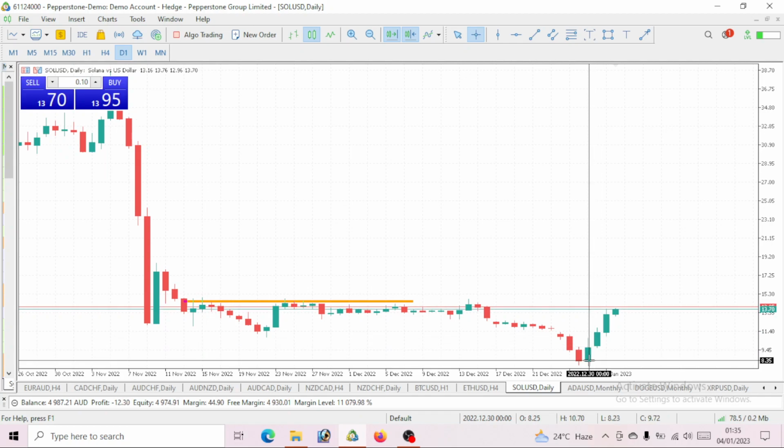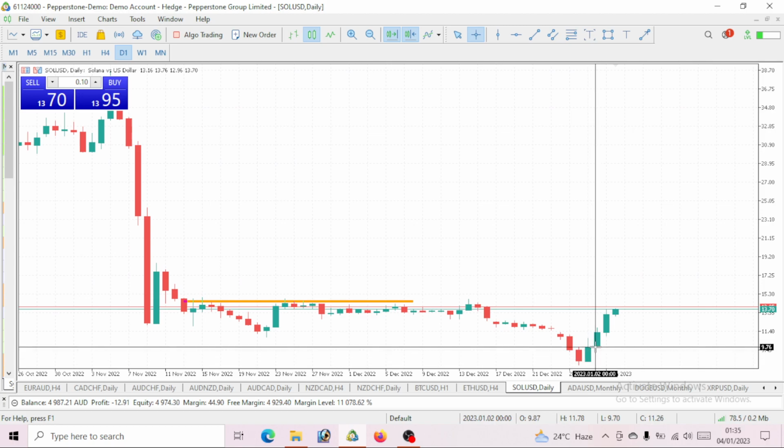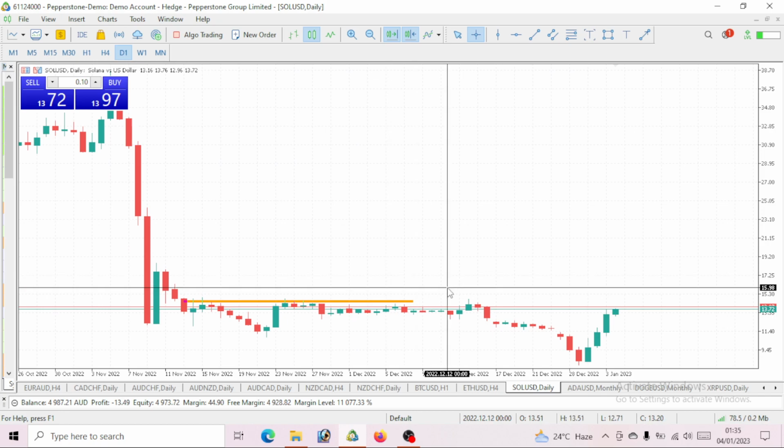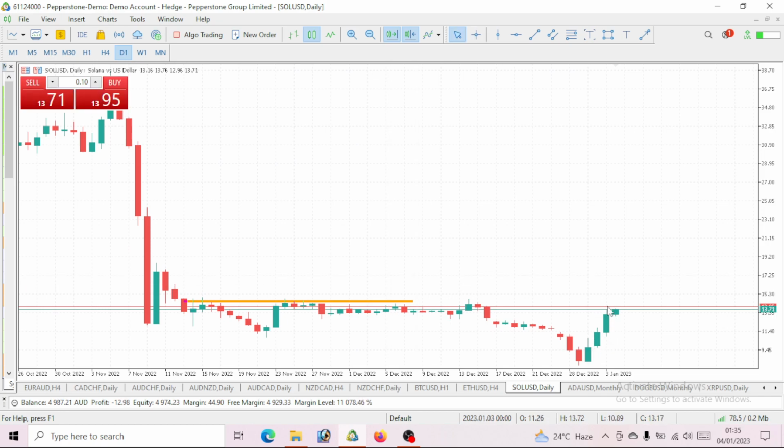So we started this movement on Sunday, and price has actually gone bullish: Sunday, Monday, Tuesday, Wednesday. So we expect it to still go bullish and at least hit the level of $14 that I've talked about, and possibly $15, which I think is very much possible.